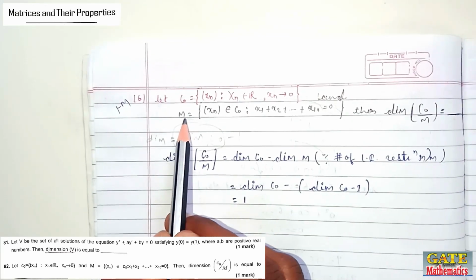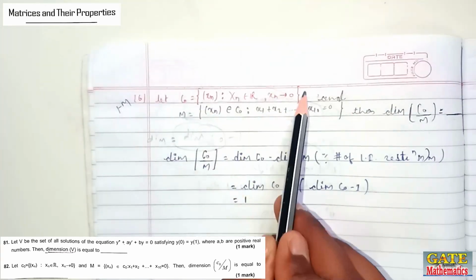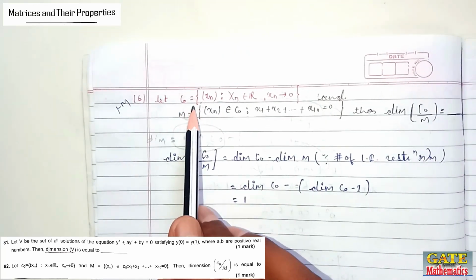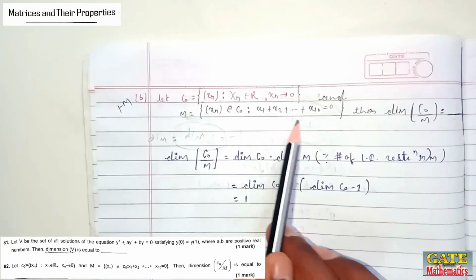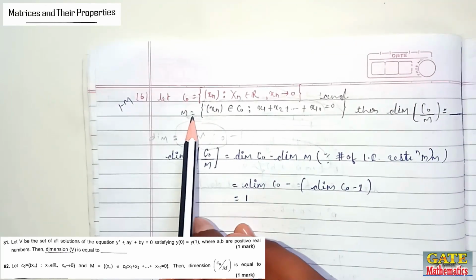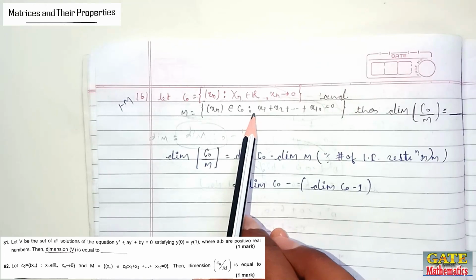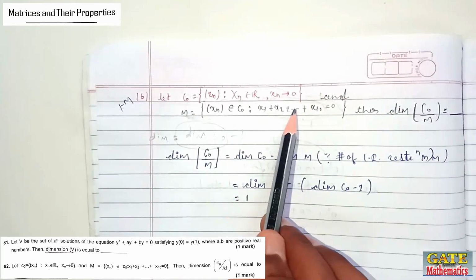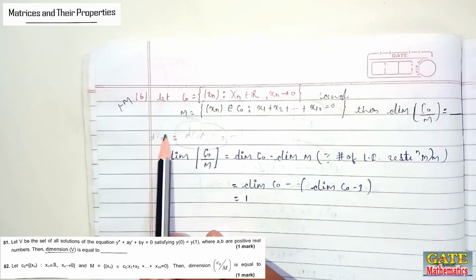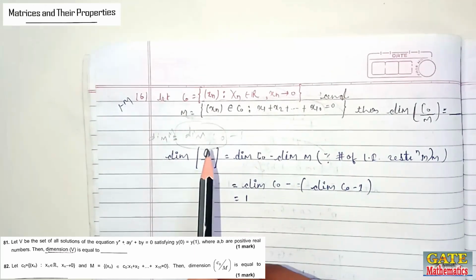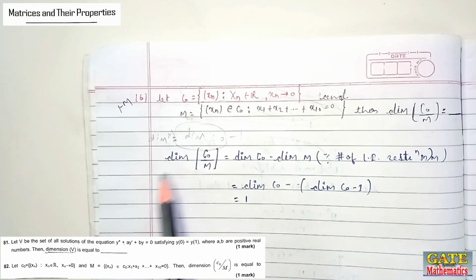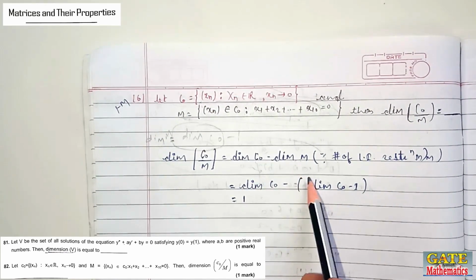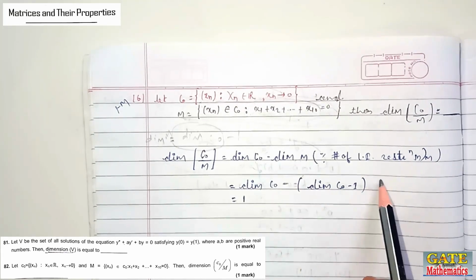The dimension of M means the completely free values, with the restriction removed from c0. If you want to take the completely free values, you have to remove the restriction from c0. So the dimension of c0 minus the one linearly independent restriction gives the dimension of M. I hope you all have understood how we find the dimension of c0 upon M. The dimension of c0 stays as it is, minus the dimension of M, which is the dimension of c0 minus 1.